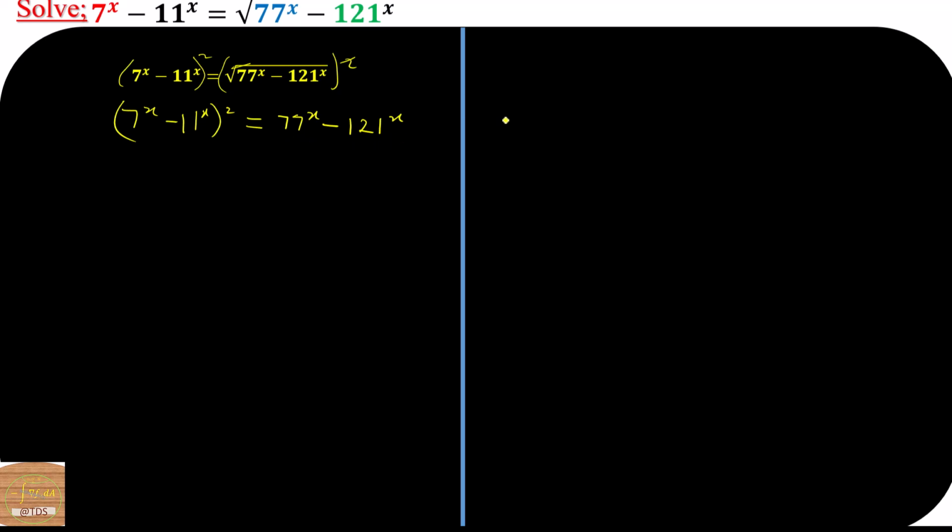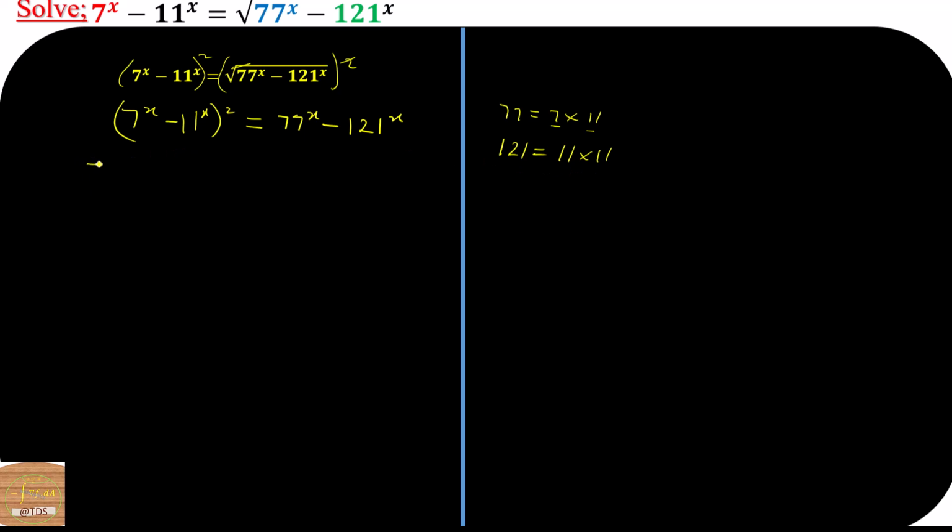We know 77 is the same as 7 times 11, so we are getting something in common. 121 is the same as 11 times 11. So we have 11 here, and we are getting 11 times 11. So again we are getting something in common.